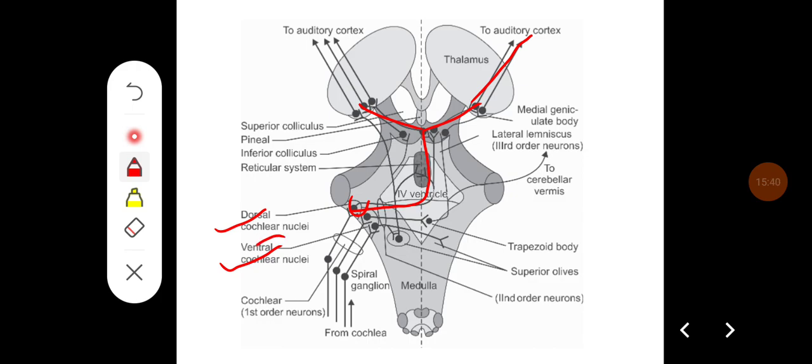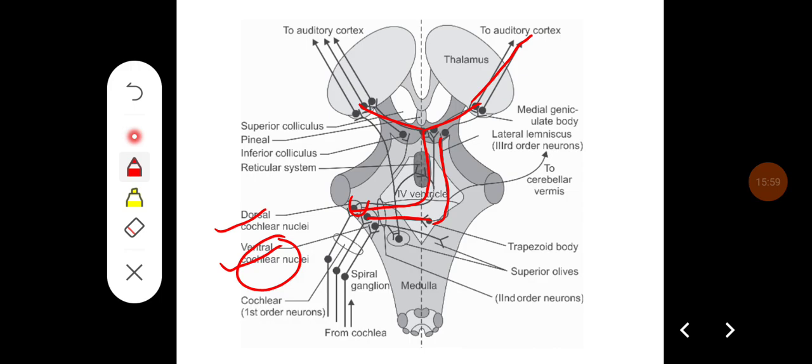If you see the ventral cochlear nucleus, some of the fibers go to the trapezoid body, and from the trapezoid body the third order neurons arise. They are going to go to the lateral geniculate body, medial geniculate body.